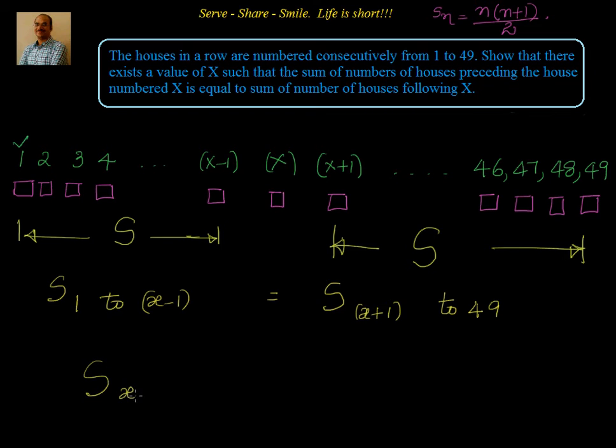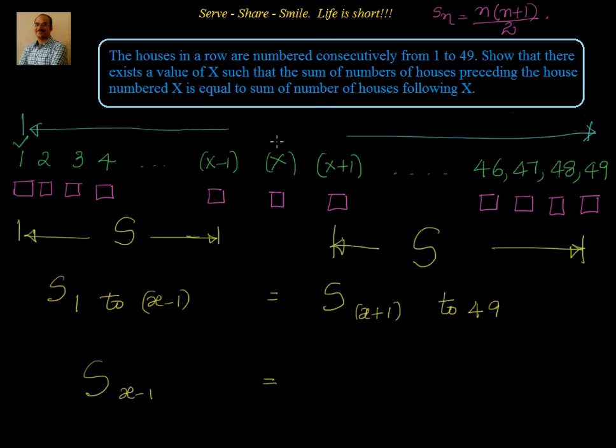I can write down the sum of x minus 1 is equal to, now here I have a problem, the sum of x plus 1 to 49. The sum of x plus 1 to 49 starts from the x plus first term, but we always know S has to start from a equal to 1 only. So what we will do is manipulate this. If I start from 1 and go till the end, this is nothing but the sum of 49 terms.